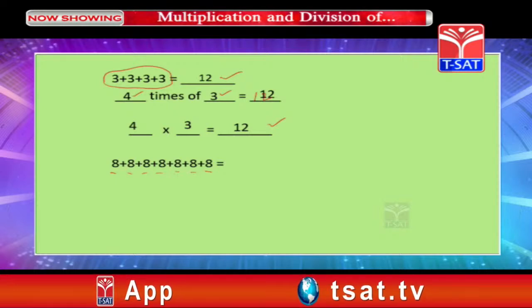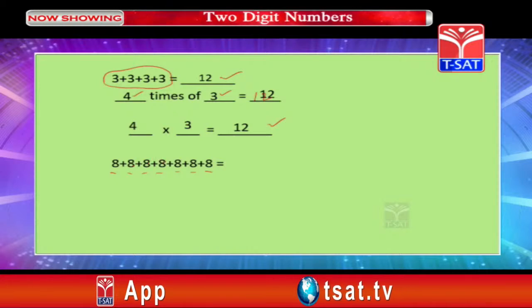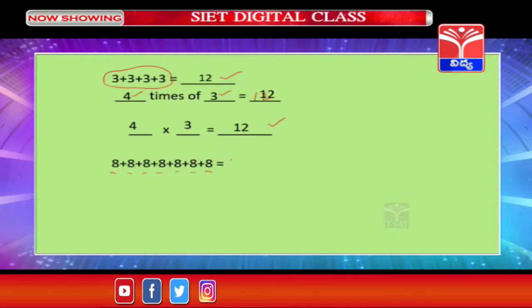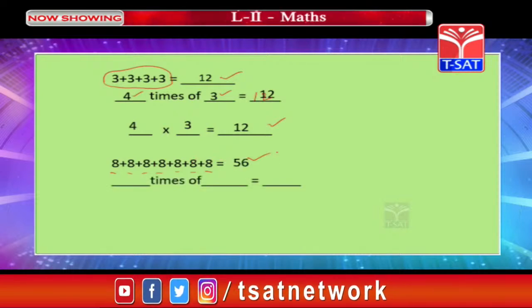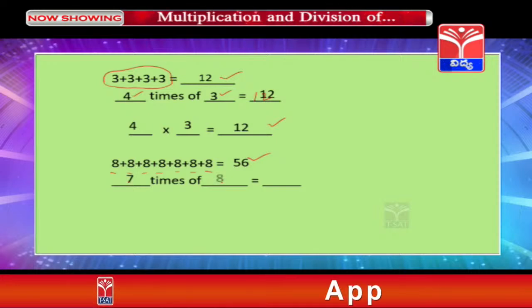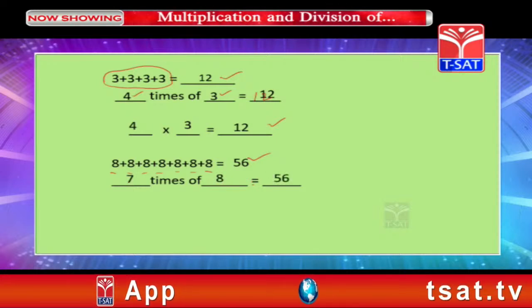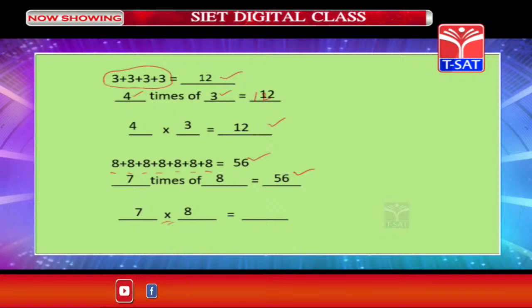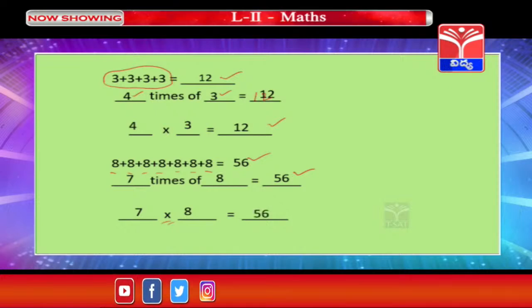And what is the sum? 8 plus 8, 16, plus 8, 24, 32, plus 8, 40, plus 8, 48, 56. It is represented as 7 times 8, that equals 56, and it can be written using the multiplication symbol as 7 into 8, or 7 multiplied by 8, 56.